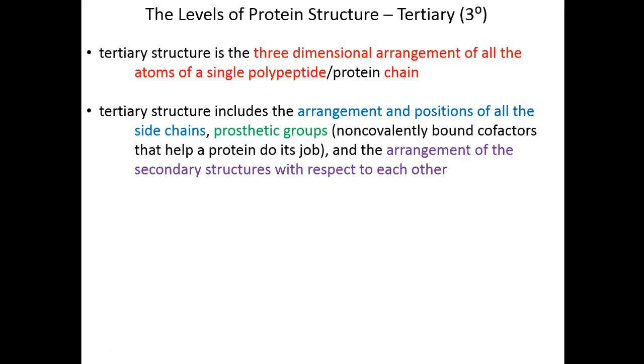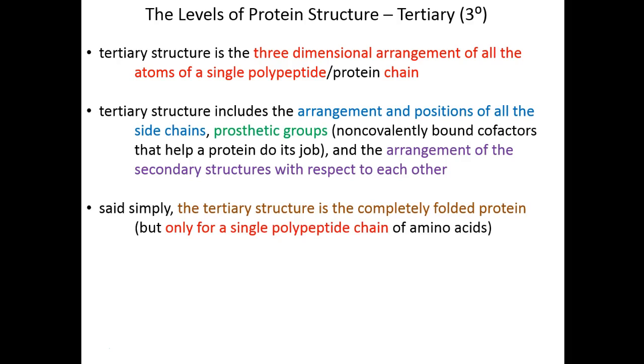So tertiary structures include the arrangement and three-dimensional position in space of all the side chains of those amino acids, all of the prosthetic groups, these are the things that the amino acids and proteins are holding onto, such as heme, in the case of myoglobin, and the arrangement of everything else, including all the turns and secondary structures with respect to each other.